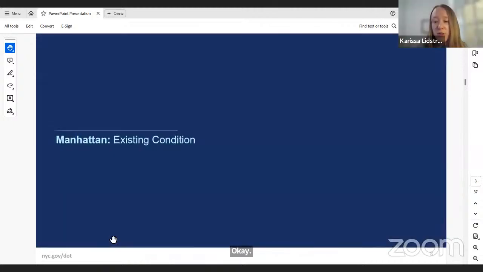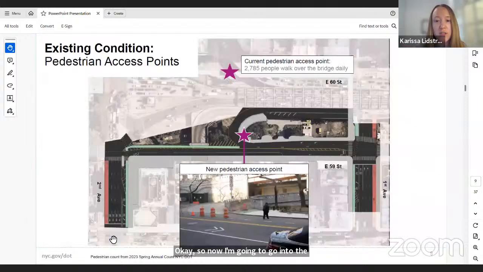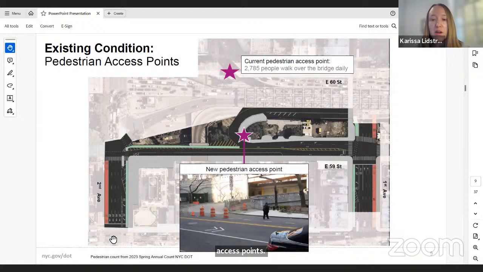Okay, so now I'm going to go into the existing conditions. I'm going to start with the pedestrian access points. Orienting you to this plan view, we have 59th Street in the middle here. On the right-hand side, we have First Avenue, and on the left, we have Second Avenue.